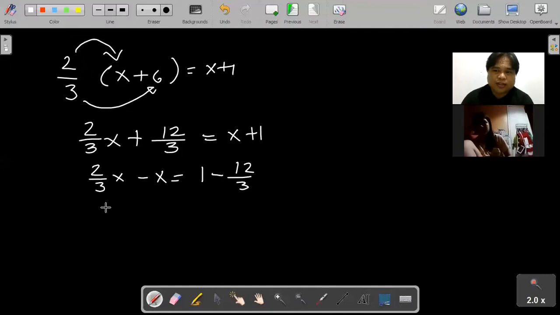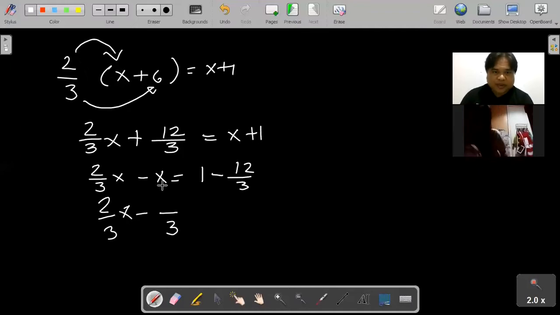Sure? The least common denominator is 3. 3 divided by 3 is 1, times 2 becomes 2x. 2/3 x.